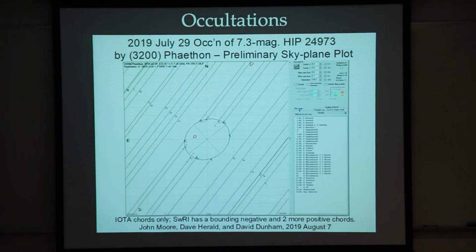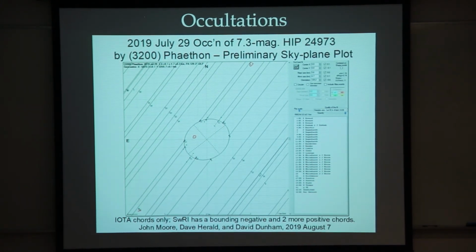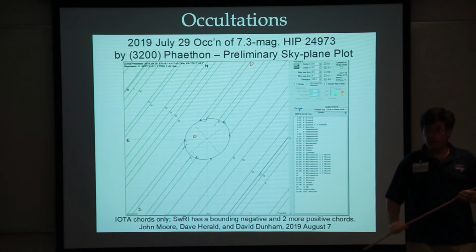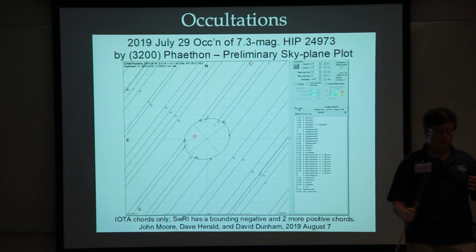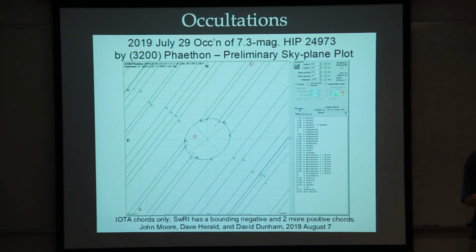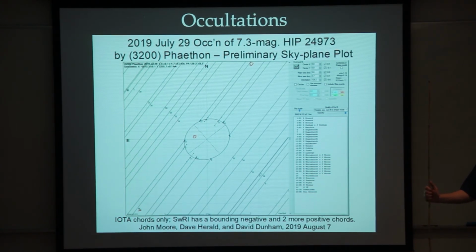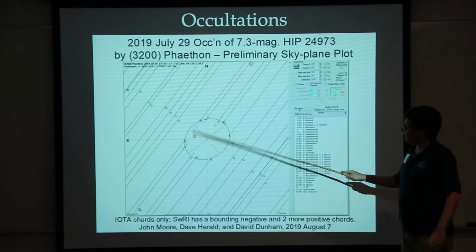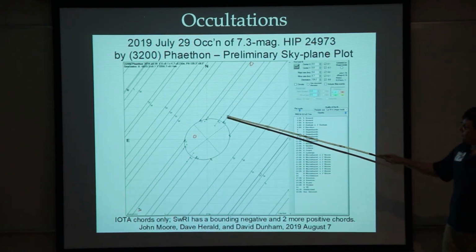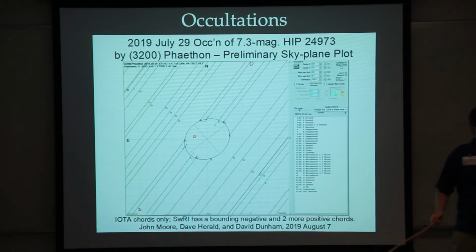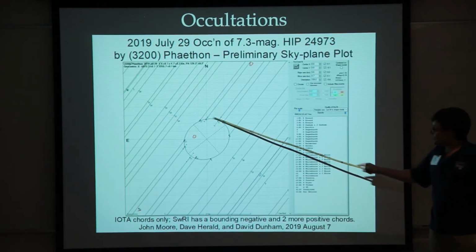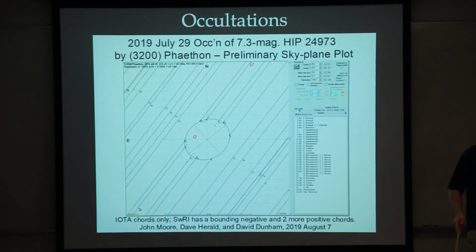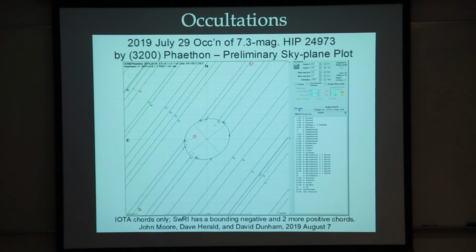Another favorite of mine is occultations. So as asteroids move across the sky, every so often they'll move in front of a star. And if you position telescopes along that line of the shadow moving, you can see it wink out at different times and build up a 3D model of your asteroid. And so this is another way of getting independent size measurements, totally distinct from anything else, all based on the motion of an asteroid.